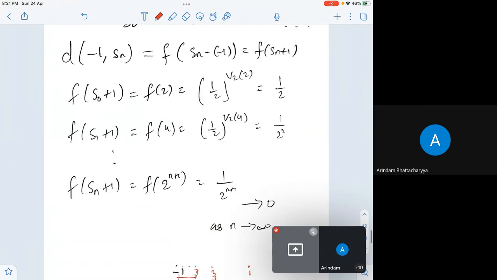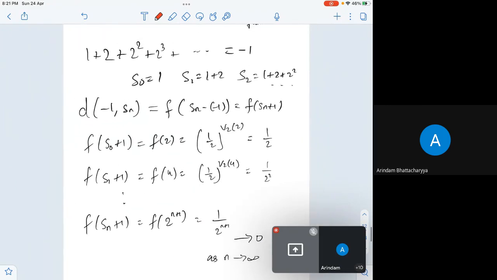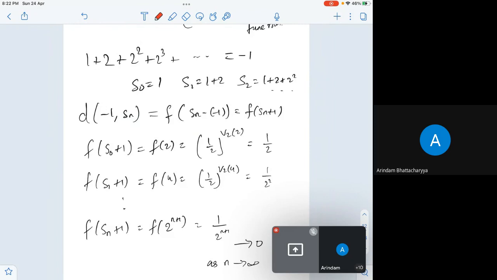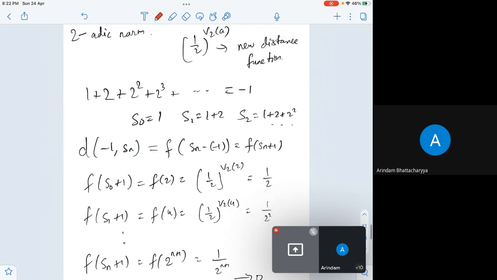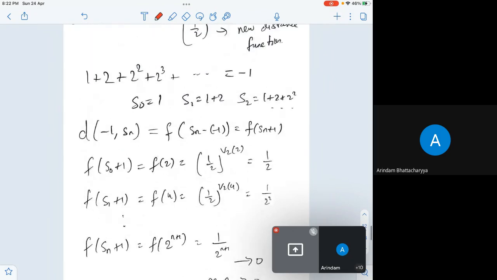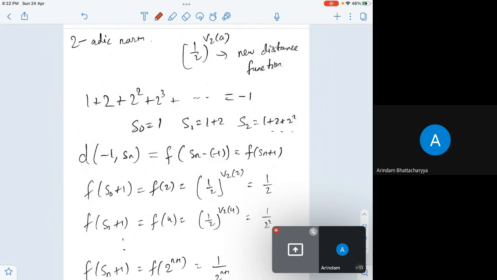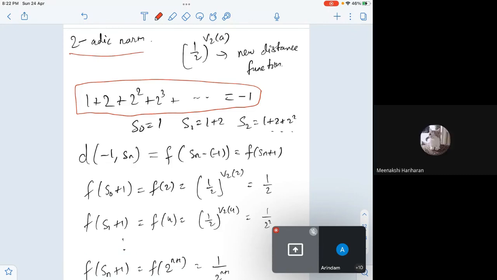So is the proof fine? Can you see that this statement makes some sense? All right, that's the last thing. Any doubts? Anything?